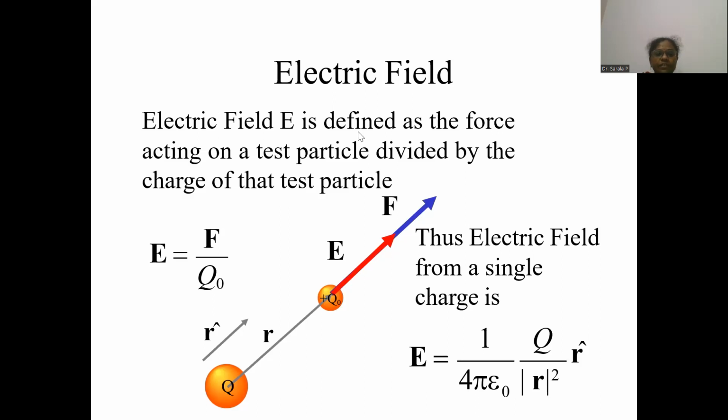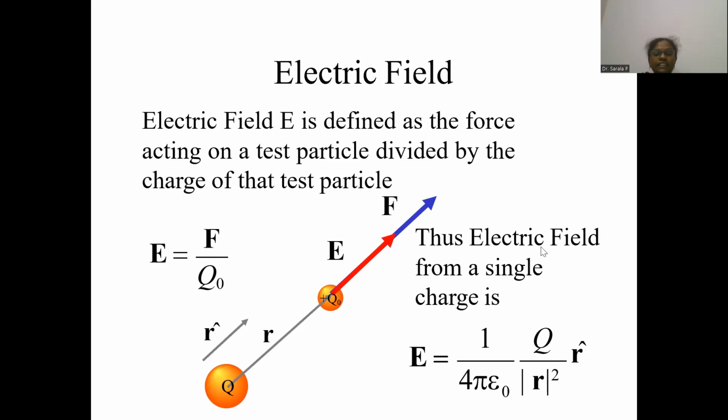The electric field is defined as the force acting on a test particle divided by the charge. So see here the equation for the electric field: electric field is equal to F by Q naught. Here F is nothing but the force and Q naught is the test charge. So let us see, this is the charge and the force acting.